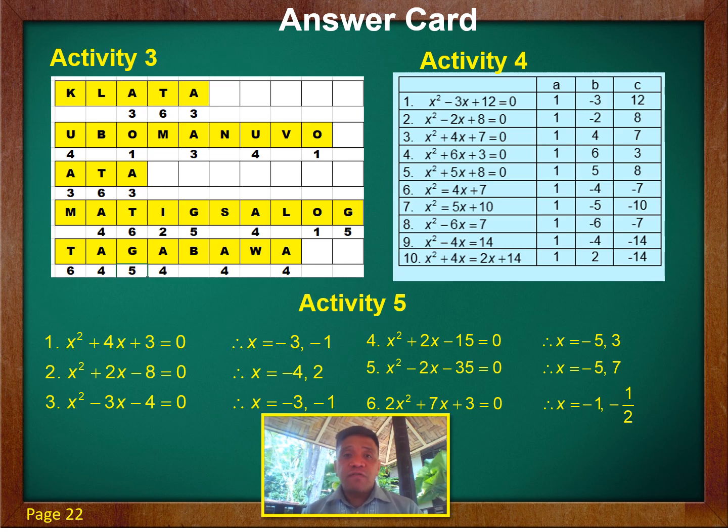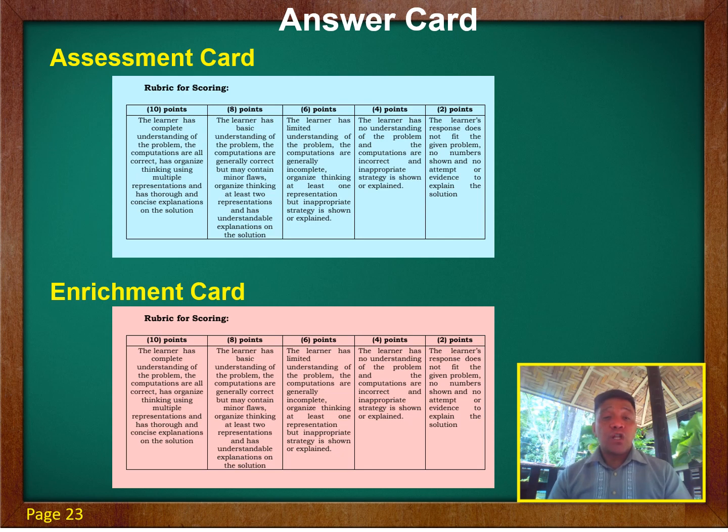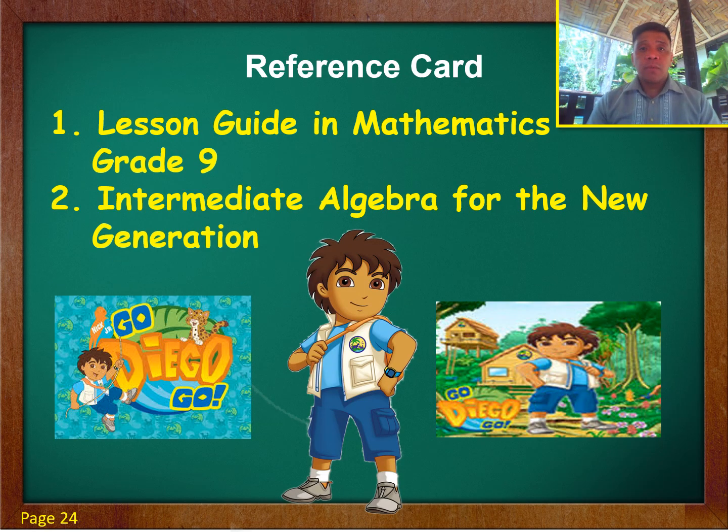And in activity 5, we use the quadratic formula to get the value of the unknown. And as I said, in the assessment card and enrichment card, we use rubrics following the guidelines.